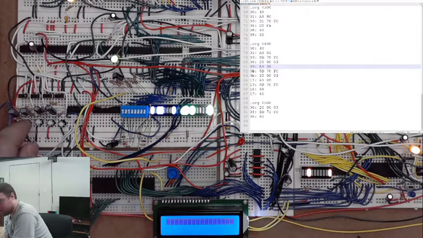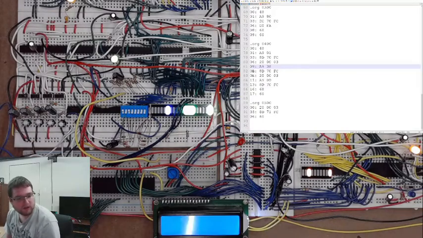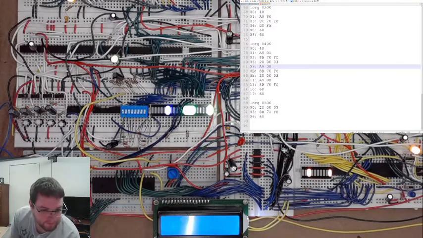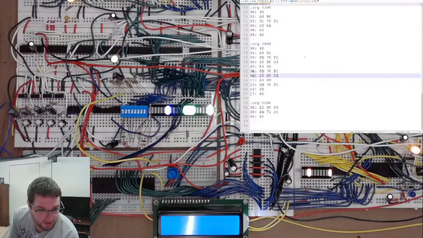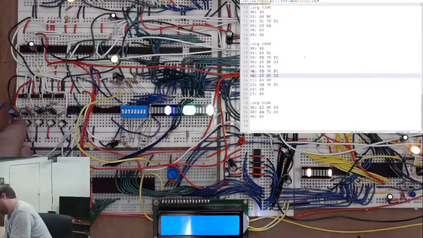Okay. 70. Yeah. FC. Yep. Okay. We should do another write right here to the LCD. There, we did it. Now we should be here. This should jump us back to the other function, which we know works, so we can kind of speed through it.